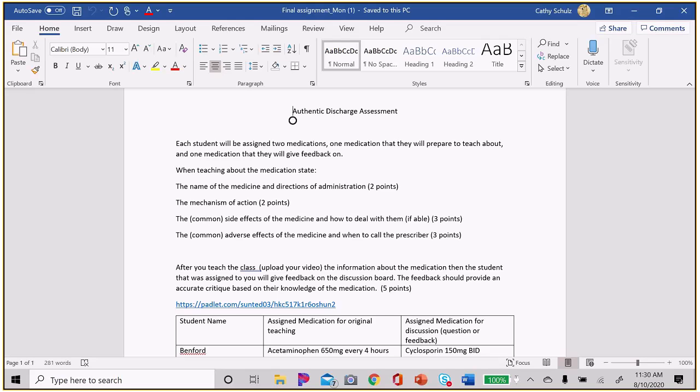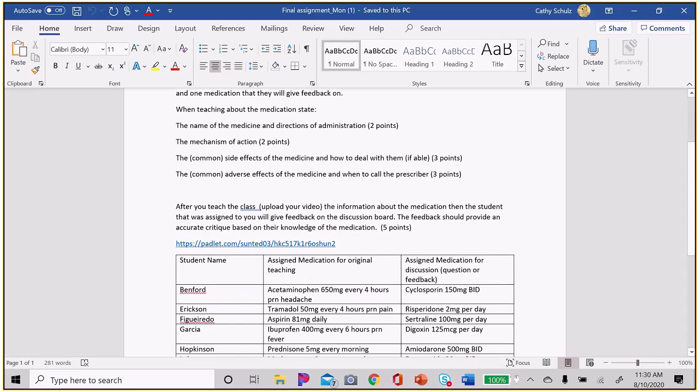So you would prepare yourself and make that video and upload it onto the Padlet site by August 14th so that your partner, the one that was assigned to give you feedback, has an opportunity to view it and give you that feedback.